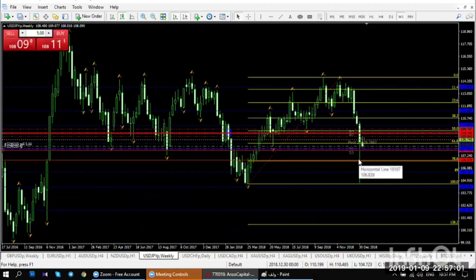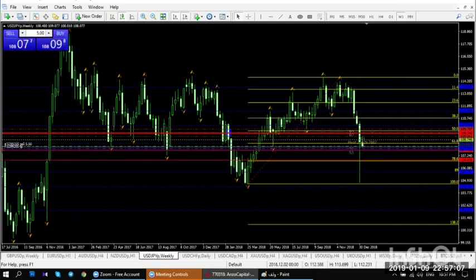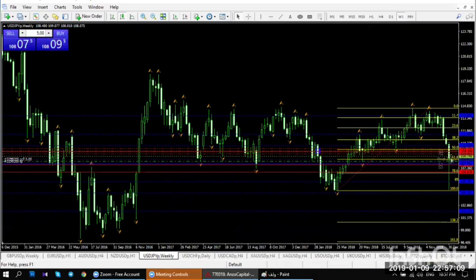It's going to break the swing low here and it's going to reach the 89 level. You see that it has reached the 89 level. And the 89 level has a partial pivot here, and we've had a pivot in the past. So it's going to break this as well.